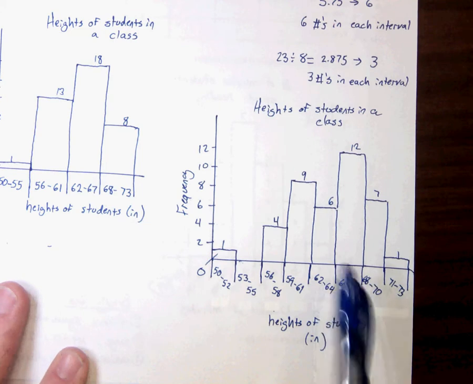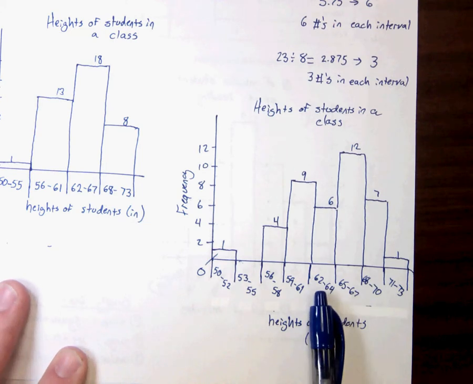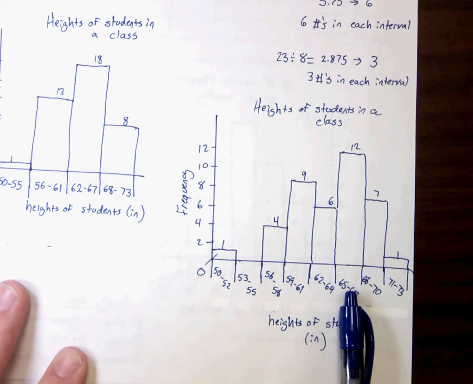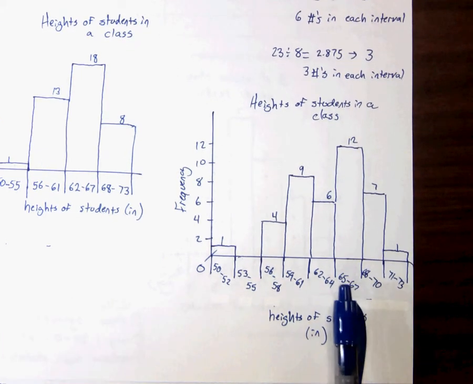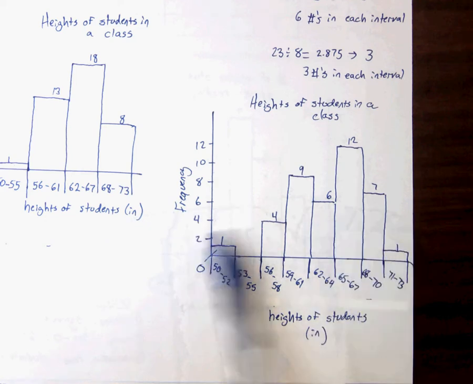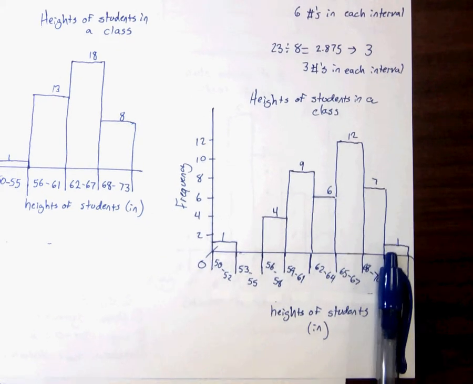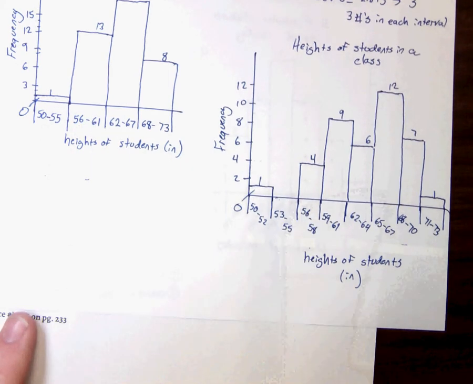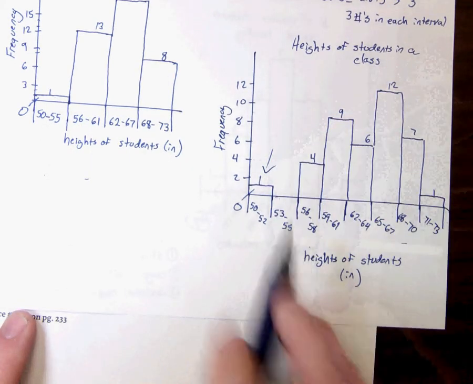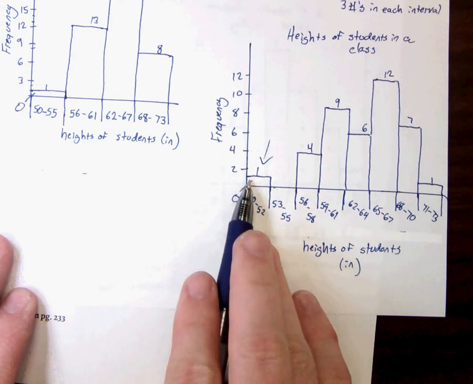Now, one other thing. When you use more intervals such as this, you'll notice certain things. This right here, this one kid, isn't he outside of everything else? So that means this one kid is our outlier.